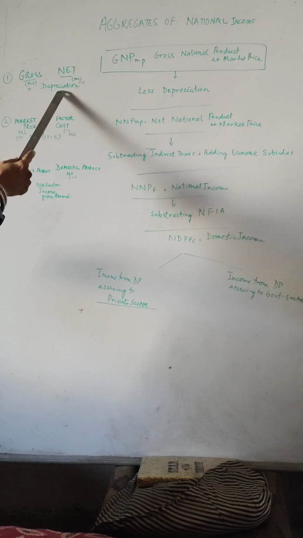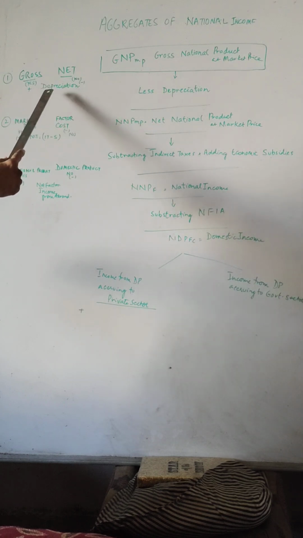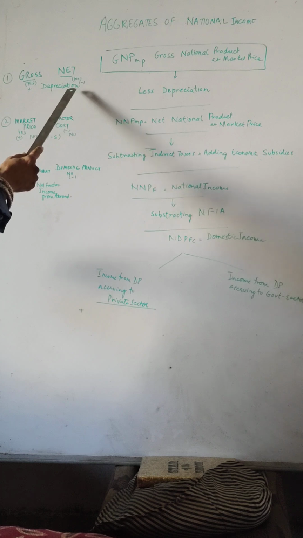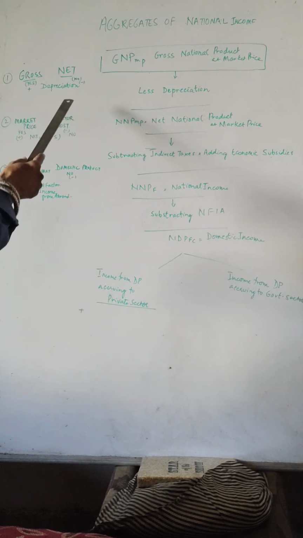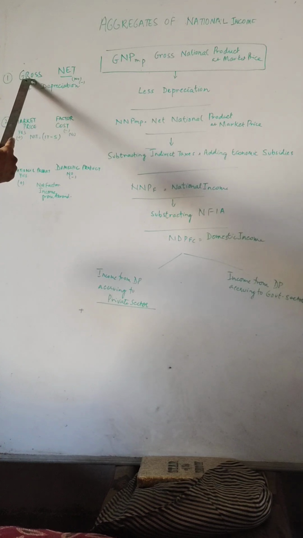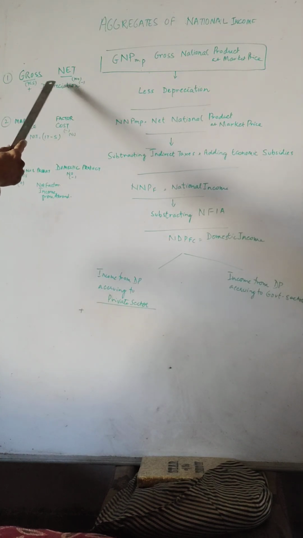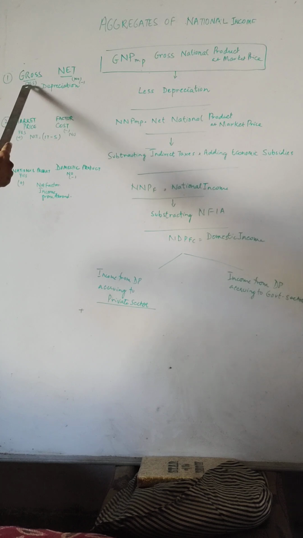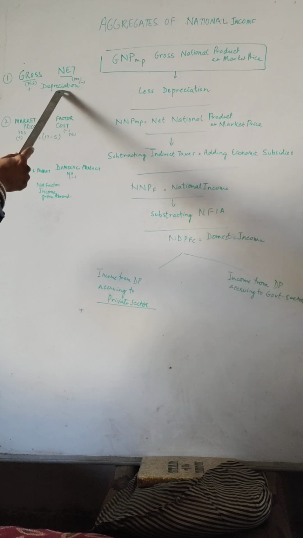depreciation. Depreciation is the wear and tear of any asset. Whatever you buy will depreciate over a period of time. So that is considered in gross. When you're talking about gross, the element of depreciation is added up there. So it is there, it is plus the depreciation. In net, there is no depreciation.